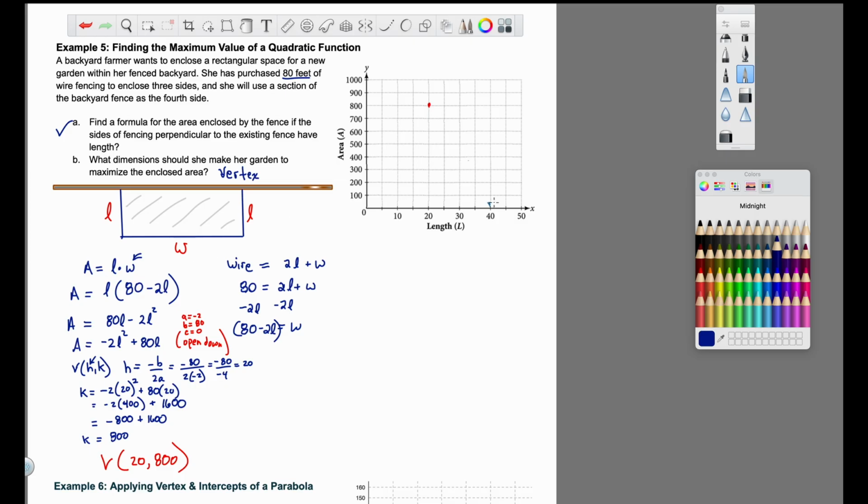What if we wanted to find our x and y intercepts? That means we would put 0 in for A, so how about we take this equation right here, L times 80 minus 2L, and we just set this to 0. So that means I set L equal to 0, and then I would say 80 minus 2L equals 0.